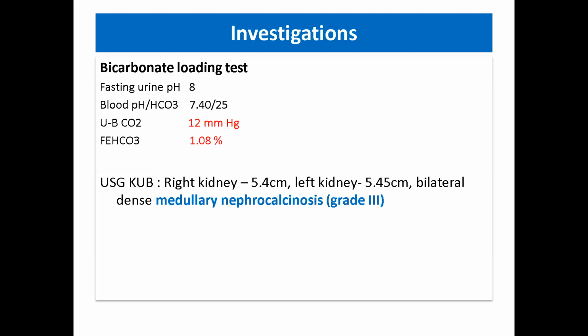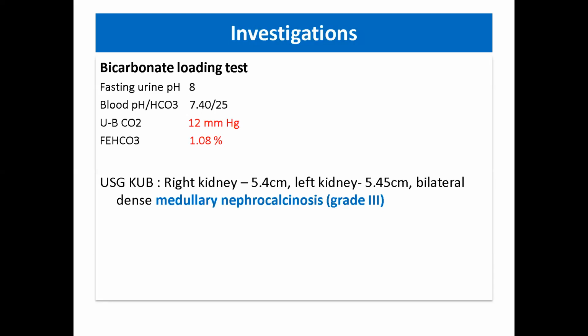So a bicarb fractional excretion of less than 5% was also normal and was in favor of a distal renal tubular acidosis in the background of an infant having failure to thrive, having increased urinary output, and having hypokalemia and metabolic acidosis on a blood gas.